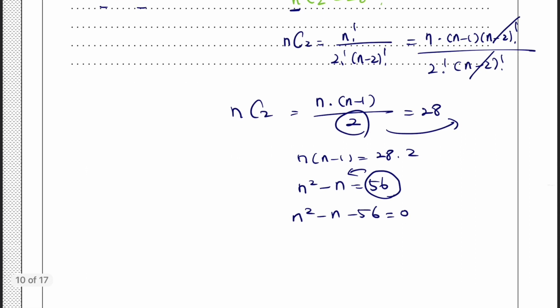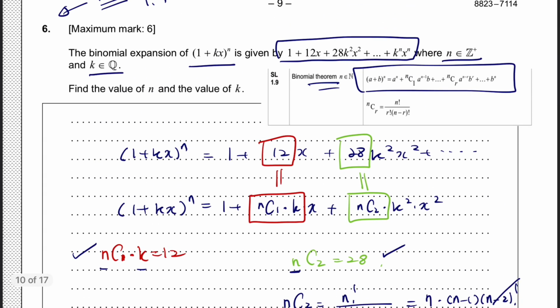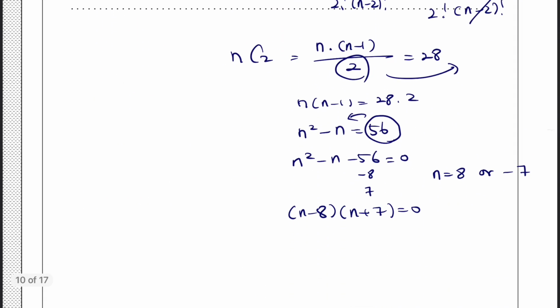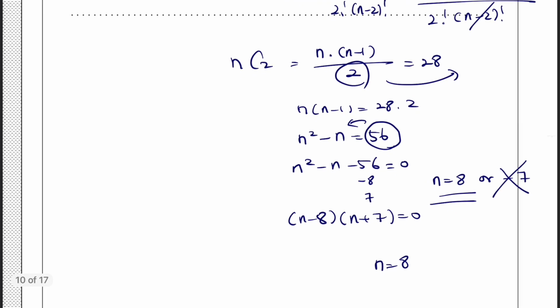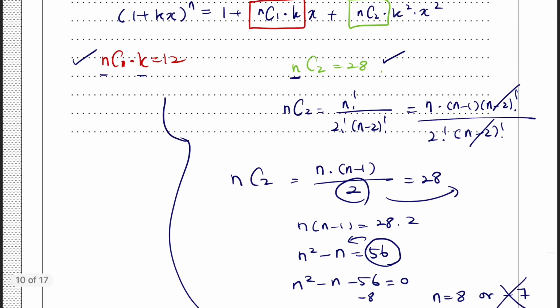Then factoring this equation out is the same as n minus 8 times n plus 7 equals 0, which means the n value is either 8 or minus 7. However, since the n value needs to be a positive integer, minus 7 is an incorrect answer, and only 8 is the correct n value. Then since we know the n value, we can substitute this back into our first equation, okay? We already know that nC1 is the same as n factorial over n minus 1 factorial times 1 factorial.